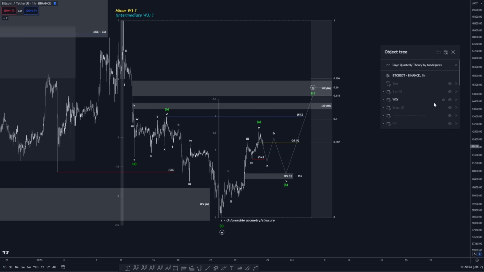The last perspective that I can see is something that we were talking about in the past streams, where this move from the high down to this current low was a C wave.